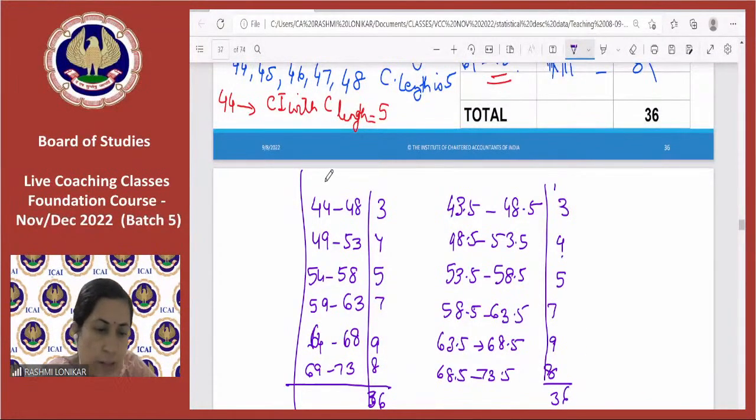So when I'm writing using class limits, and when I'm writing using class boundaries, this will be the way you have to write it.